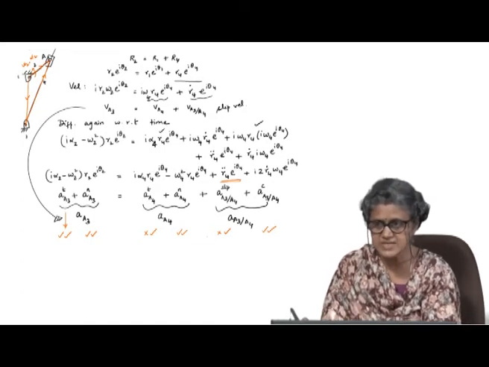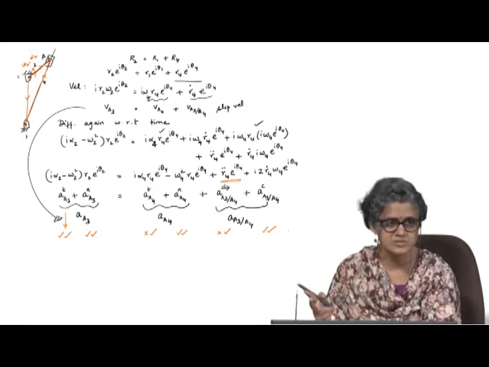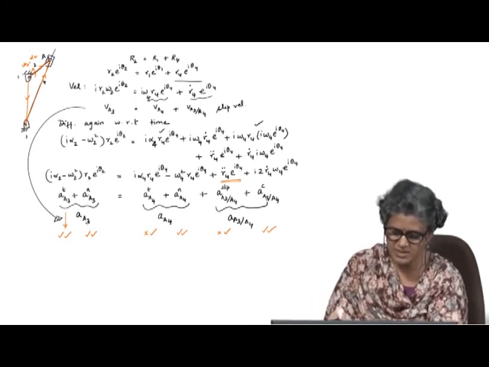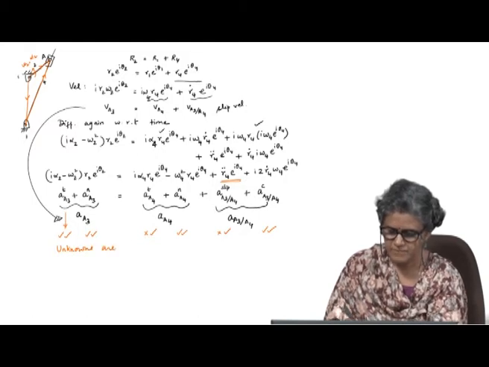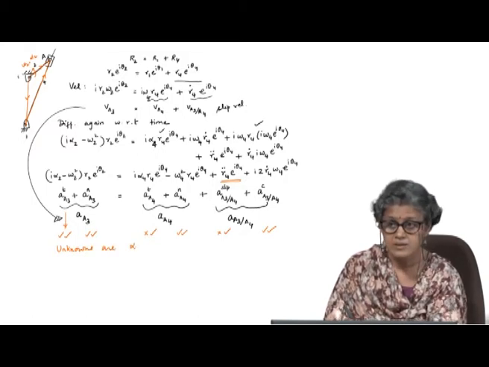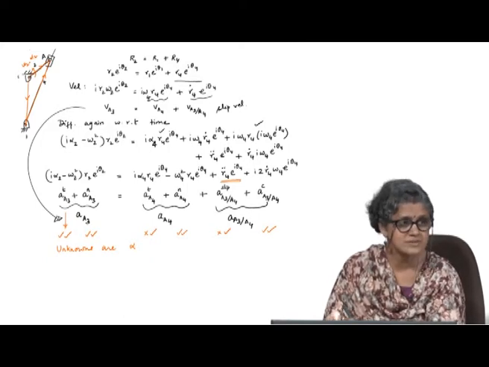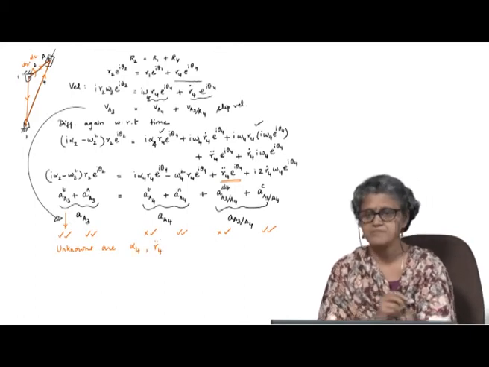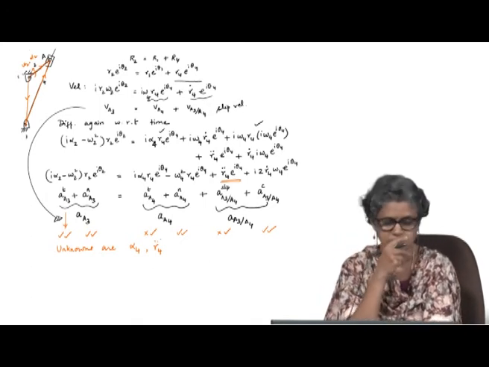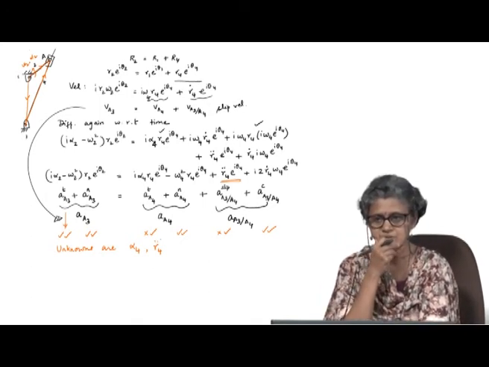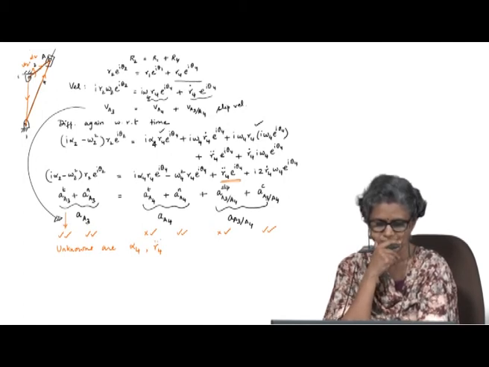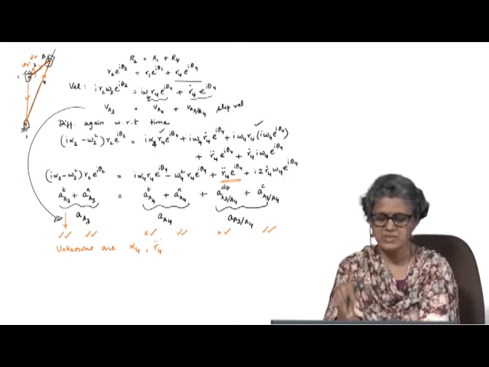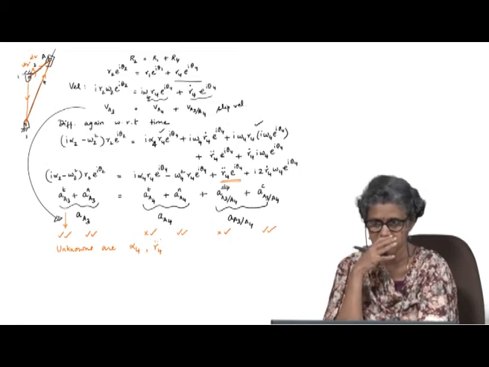Again 6 terms, 2 unknowns. What are the 2 unknowns? Alpha 4 and the slip acceleration R4 double dot. Those are the 2 unknowns, and you can solve for them either analytically or graphically.